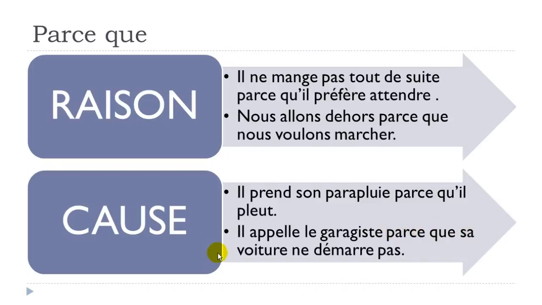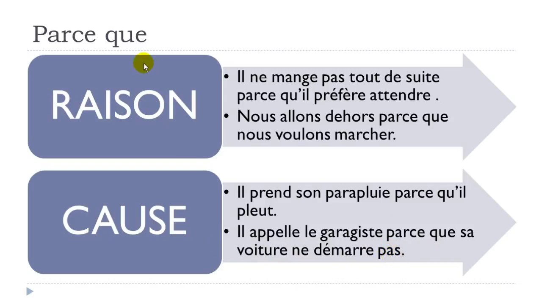Parce que sa voiture, voiture is car, sa voiture, possessive, his car, and then ne pas, so you get the negative form here, and démarrer is to start. Il appelle le garagiste parce que sa voiture ne démarre pas. So because his car doesn't start.